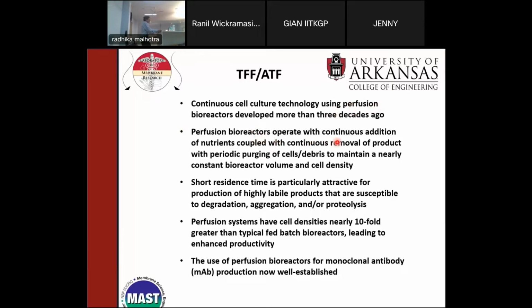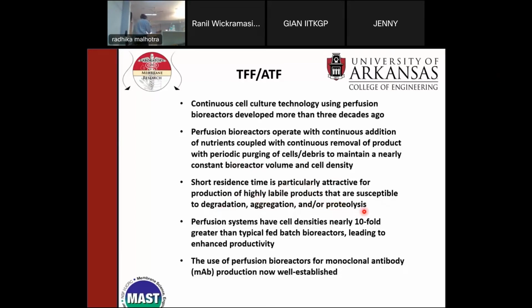Perfusion bioreactors operate with continuous addition and continuous removal, with periodic purging of cells and debris to maintain bioreactor volume and cell density. For production of highly labile products that are susceptible to degradation and proteolysis.